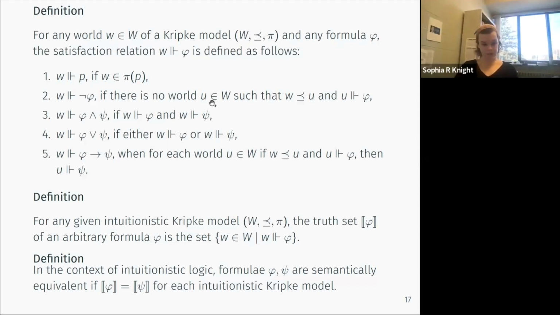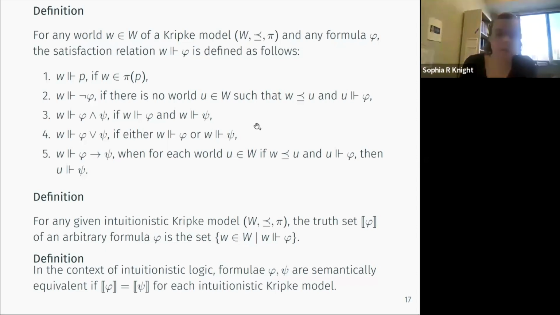We don't just say not phi is true at W if phi is not true at W. Instead, we say not phi is true at W if for every world above W, transitively closed, phi is not true. It's important to keep in mind that's different than the negation of phi being true. I'm just saying that there's no world above W that satisfies phi.